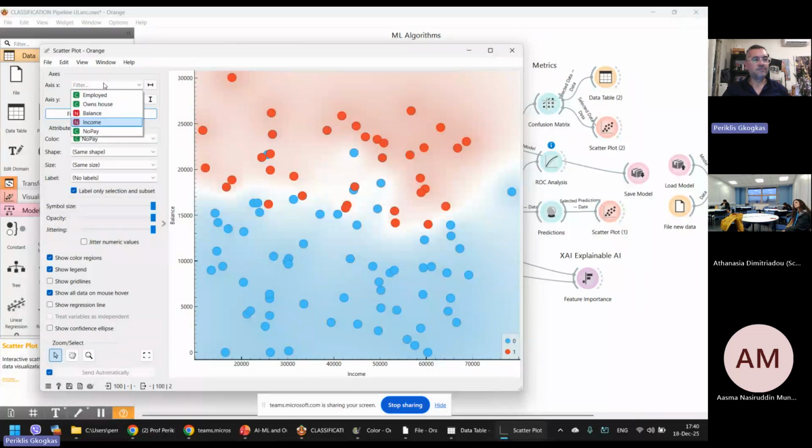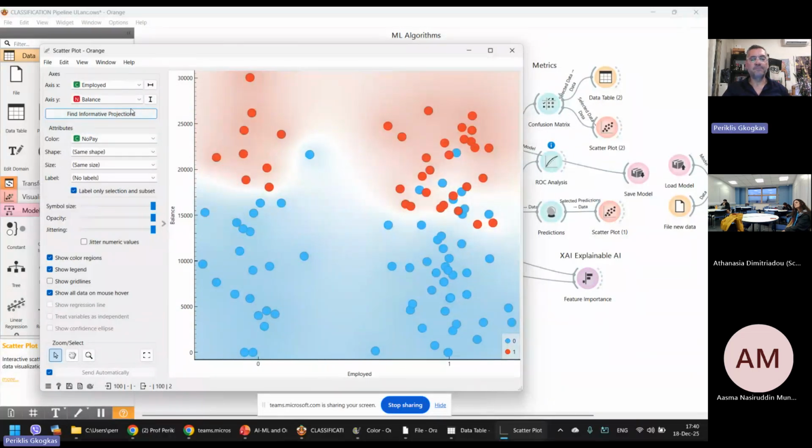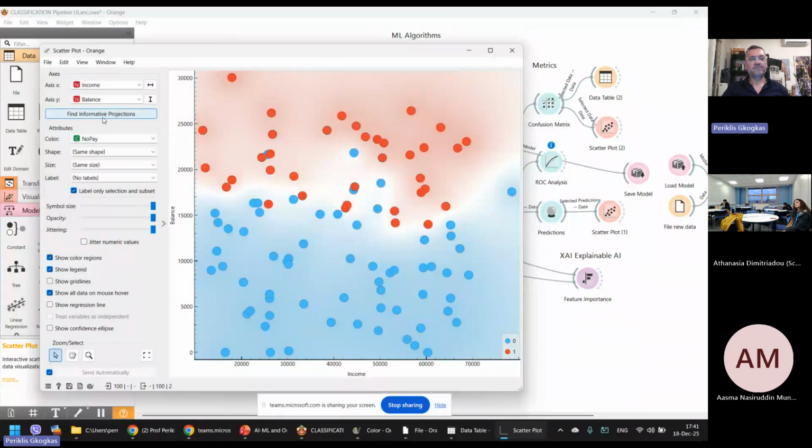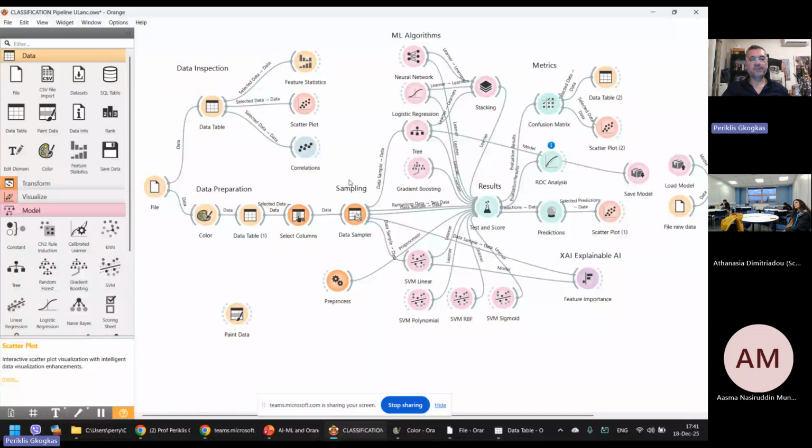Let's see what happens when I put employed, unemployed. It's not that informative. Not balance and income. We can see the same type of graph. We can play here with the symbol sizes and everything, whatever you want to do. You can show grid lines to distinguish between the different individuals here. So, okay, this is again for illustration.